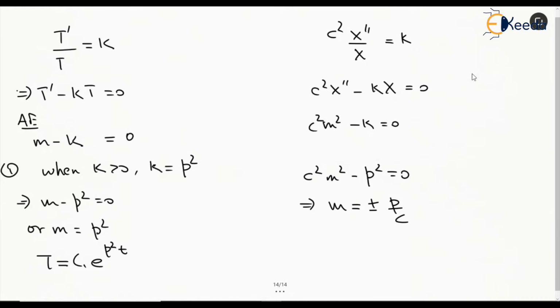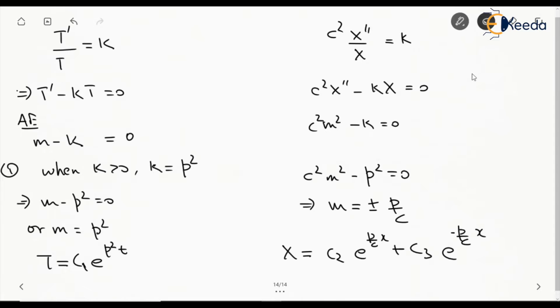So this is the case of real and unequal roots. The solution will be as per that: real and different roots will have X = c2 e^(px/c) + c3 e^(-px/c), right? These are the two, T and X, for this case.